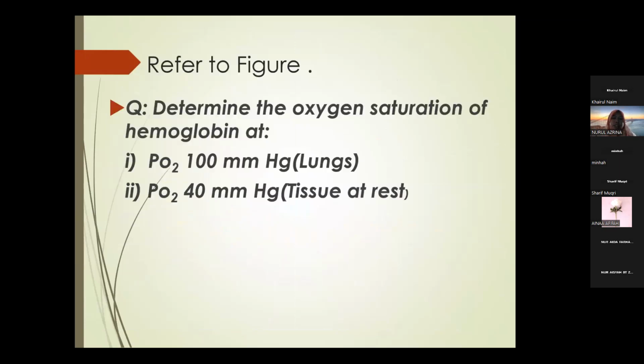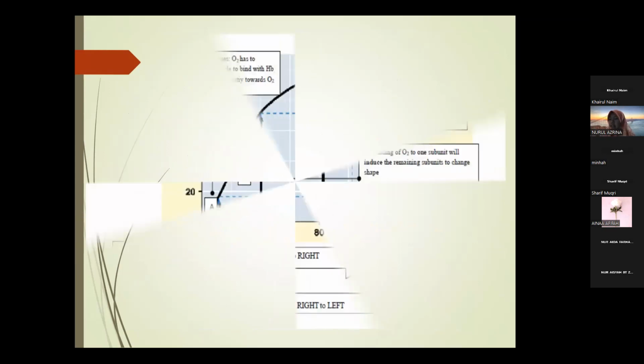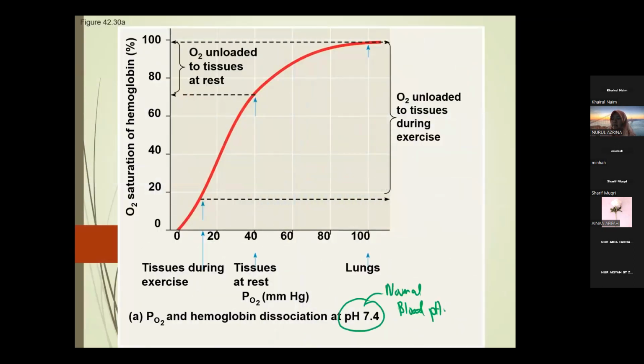Determine oxygen saturation. Berapakah ketepuan oxygen of hemoglobin at partial pressure 100 mmHg, which is in the lung? And what is the oxygen saturation of hemoglobin of tissue at rest, which is at partial pressure of 40 mmHg? Okay, so refer to this picture. The first one tadi, what is the oxygen saturation of hemoglobin in the lung? Berapa? 98.